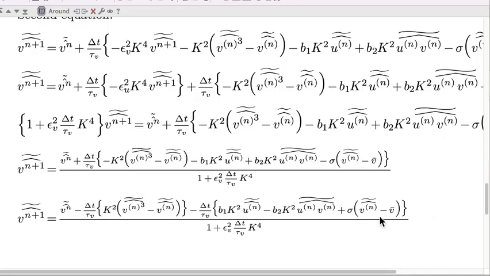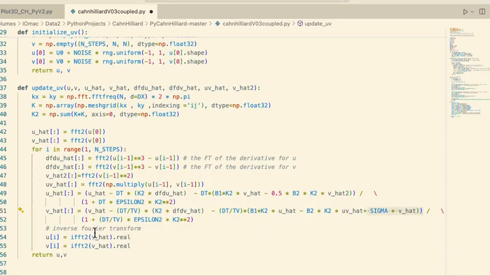The mean value is 0 in this case. The lower part is similar to what I did before, 1 plus epsilon squared dt times this k to the fourth, right there, and dt tau b epsilon squared k squared. So by the way, in this case I'm using epsilon, u is equal to epsilon b.